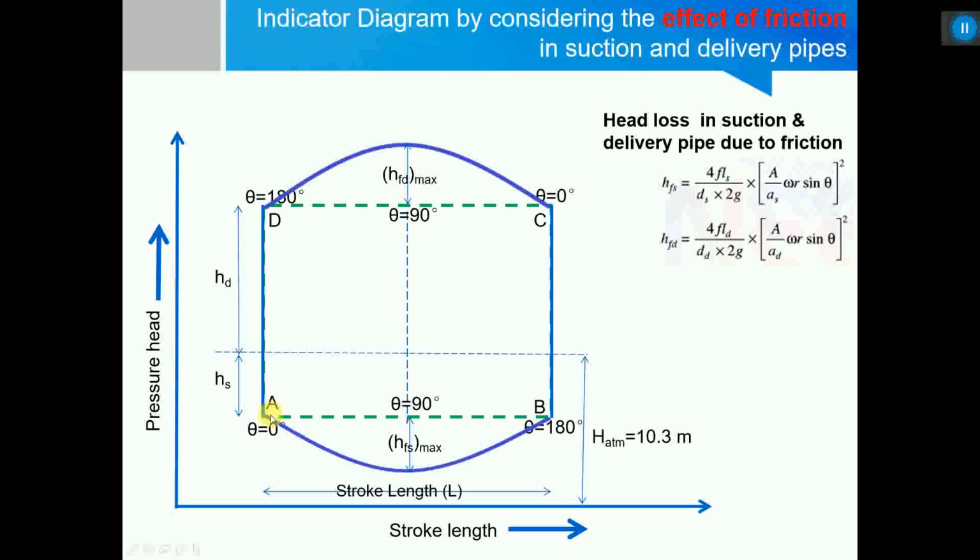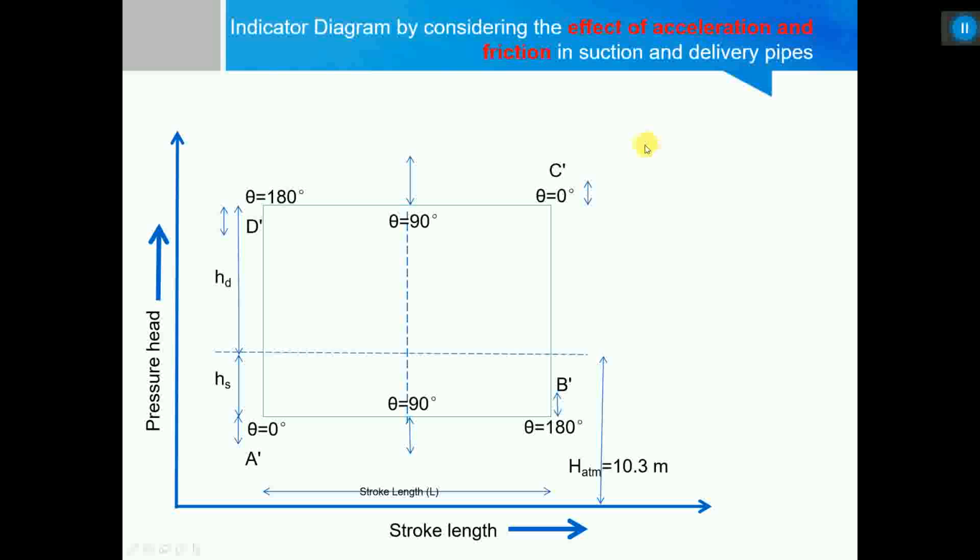Whereas when theta is equal to 0 and 180, that is at the beginning and end of the suction stroke, as well as at the beginning and end of the delivery stroke, it is zero. As sine theta square is present here, the nature of the curve is almost parabolic.